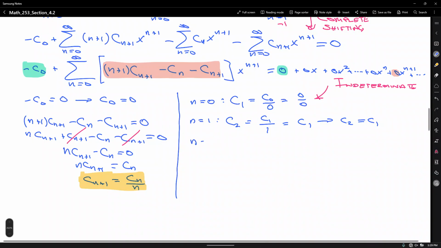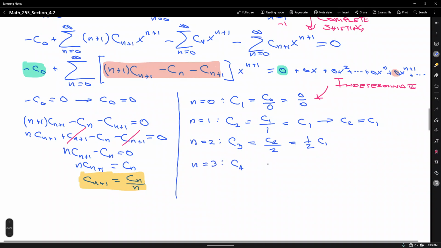So what about n equals 2? Okay, n equals 2, that'll be c sub 3 using the relation here. That is c sub 2 over 2, which is, what is c sub 2 actually? So that's 1/2 c sub 2, which is c sub 1, okay? And then what's next? n equals 3.